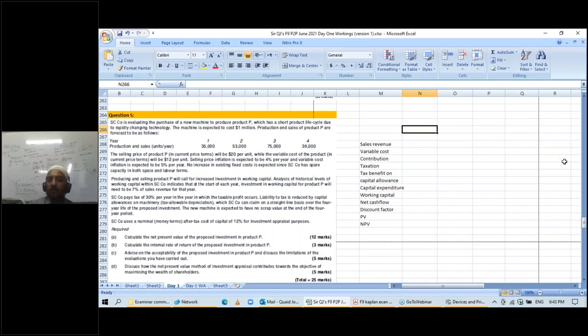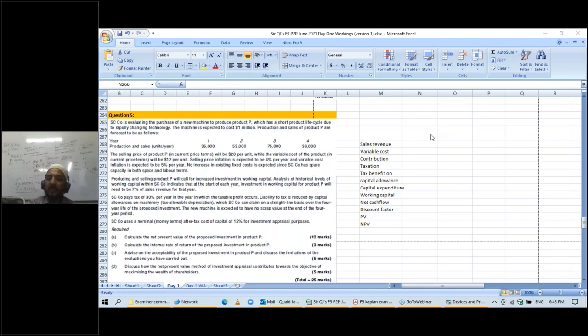According to the question, the tax payment occurs in the same year in which the profit arises. So if the project is in the 4th year, you will pay the tax in the same year. You won't need to go to the 5th year.